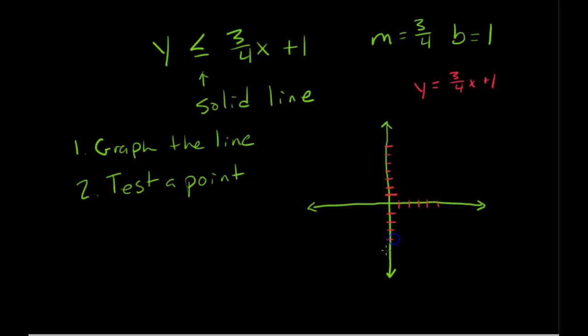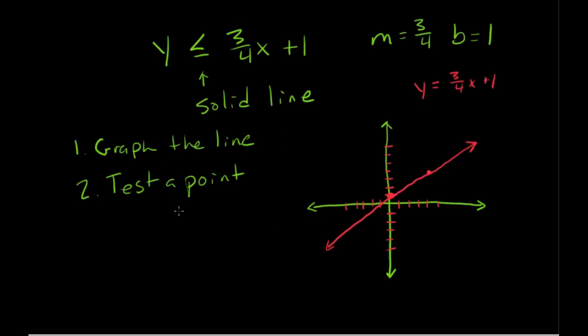We start by plotting a point at y equals 1, then go up 3 and over 4, and that is our second point. Since the line is solid, I'm going to graph a solid line that goes through those two points. So there's graphing the line.